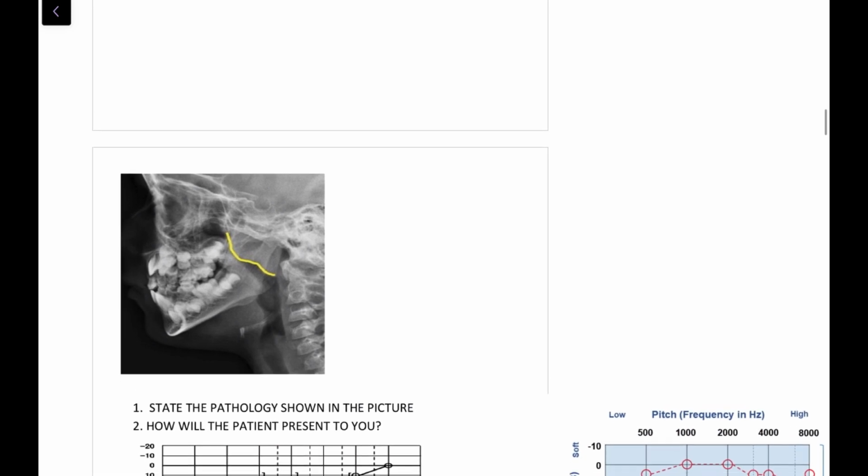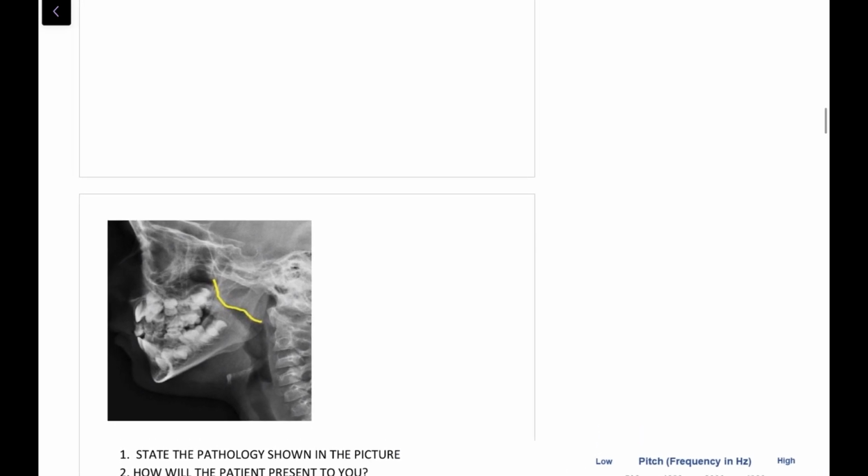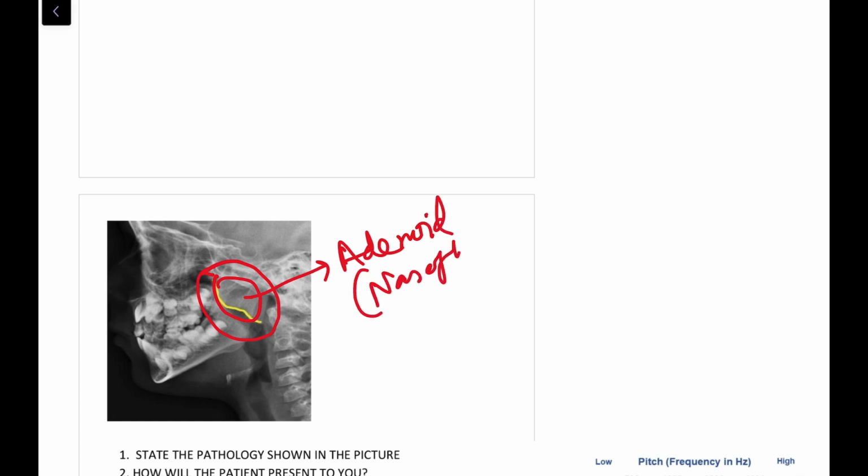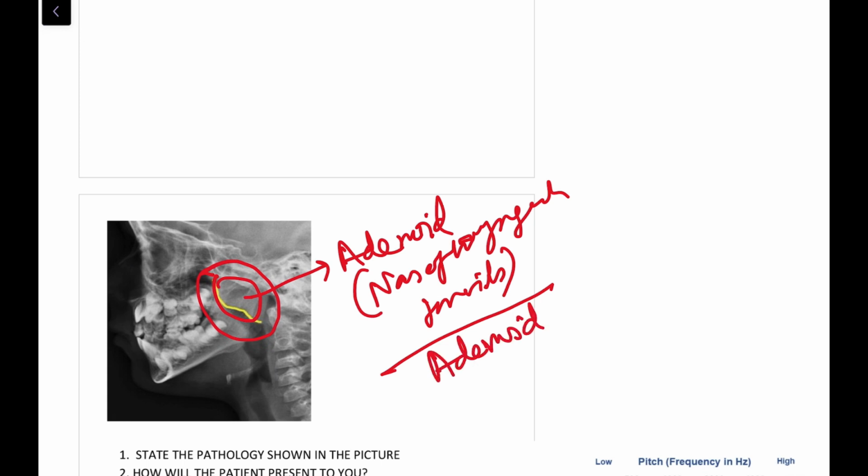Then coming to the next picture, it is saying state the pathology shown, like it has been marked in yellow. So this is the nasopharynx region. So this would be your adenoids, also known as the nasopharyngeal tonsils. So the pathology would be adenoid hypertrophy.